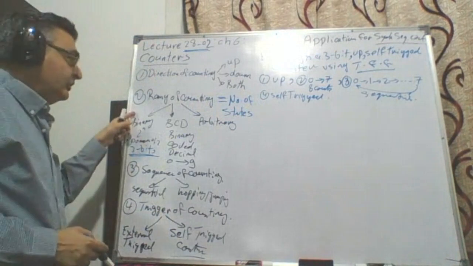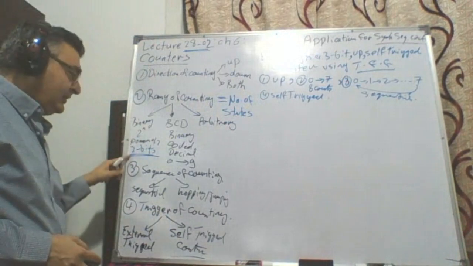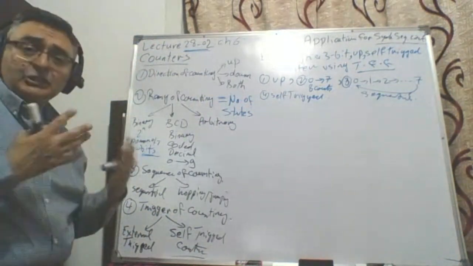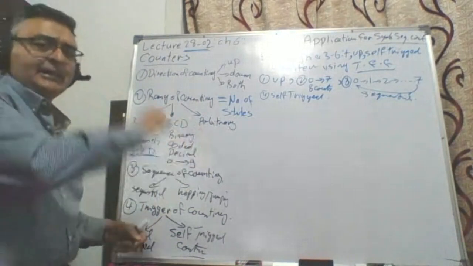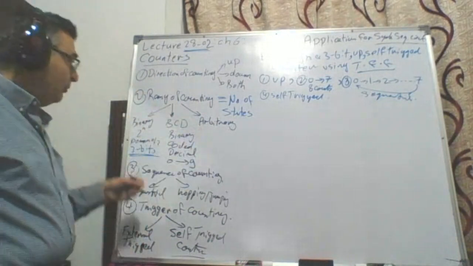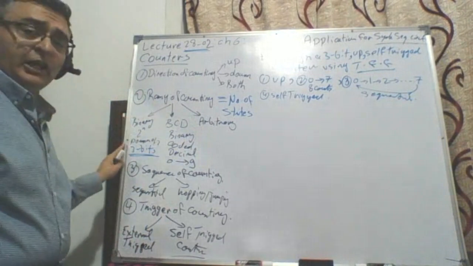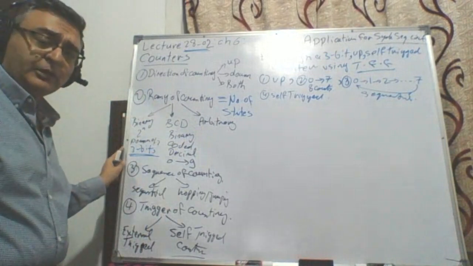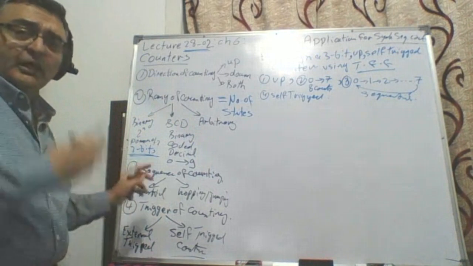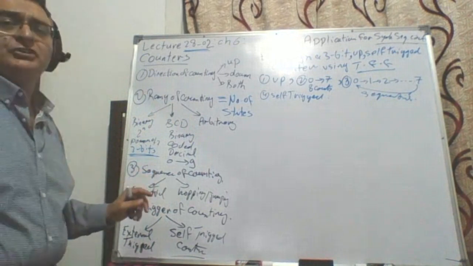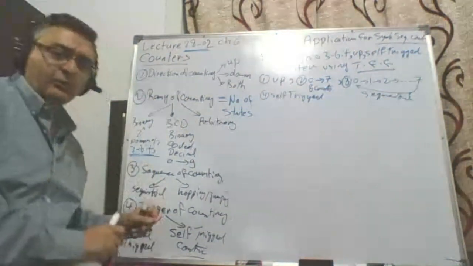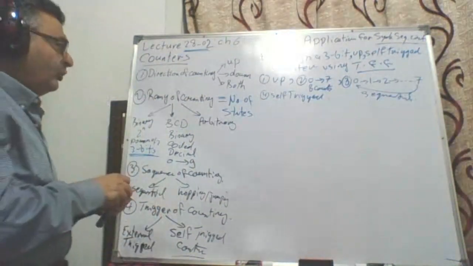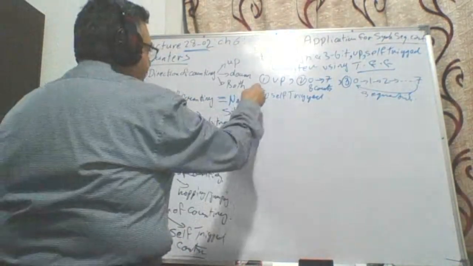So if this is a 3-bit binary counter, it has a total of 8 counts, and 8 counts mean 8 states. If I have a 2-bit binary counter, it has 4 counts, that means I have 4 states. The number of states equals the number of counts. This is the rule of thumb for the counters.